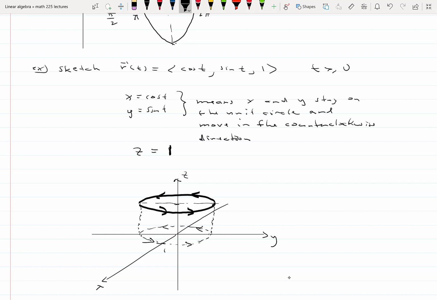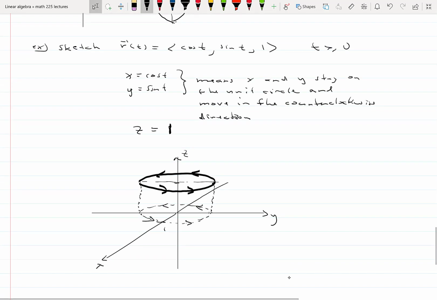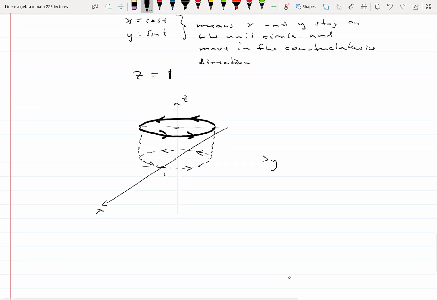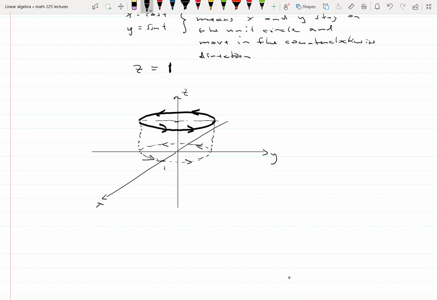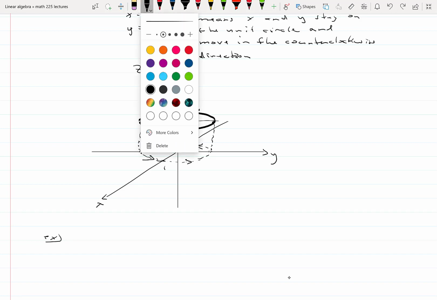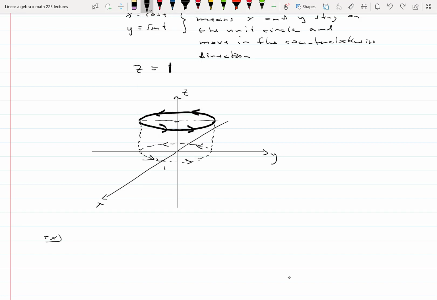Okay. So now let's step up our game a little bit. I would like to sketch a new curve where x and y still stay on the circle, x squared plus y squared equals 1.